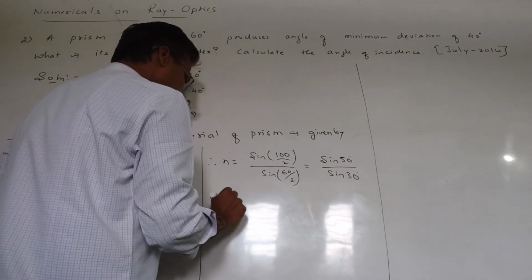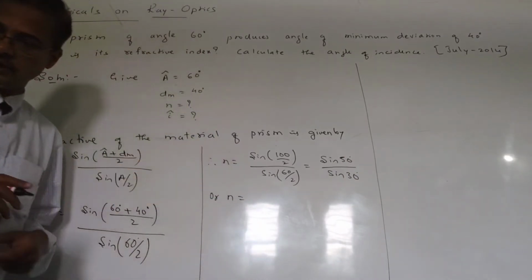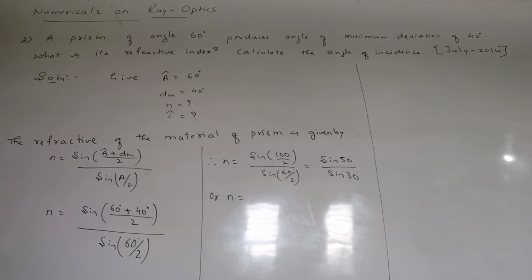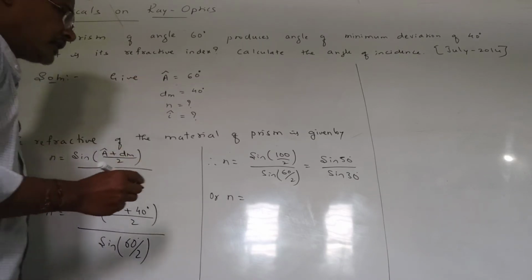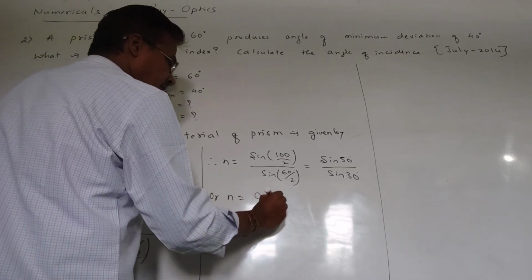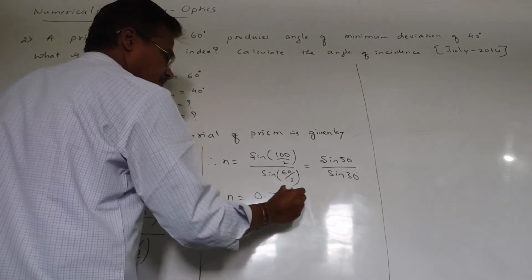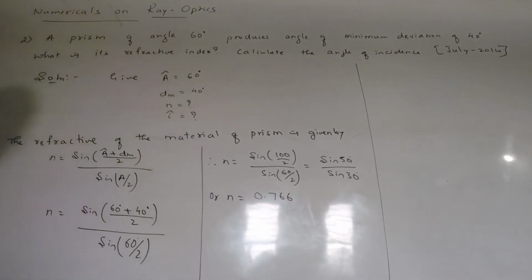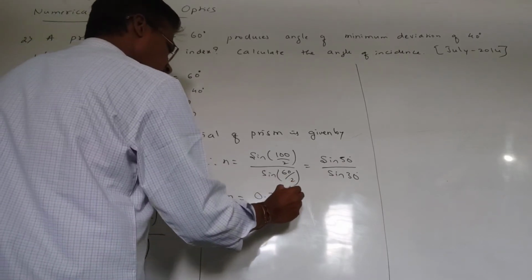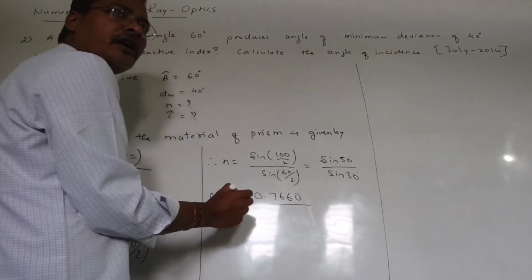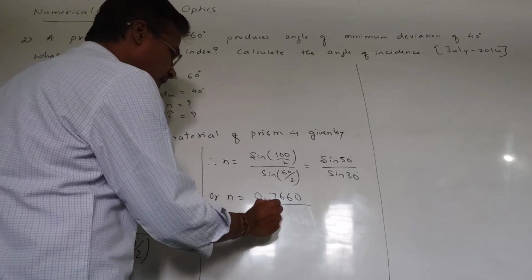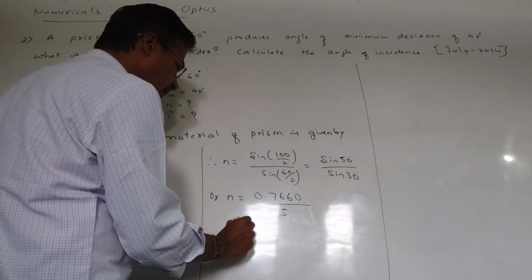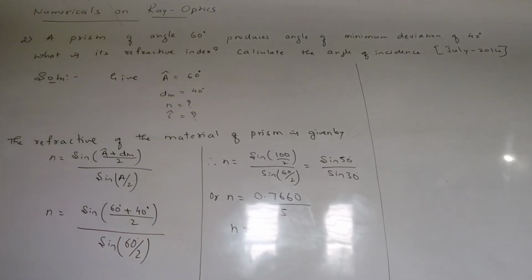Sin 50 value from the calculator is 0.766. Sin 30 is half, that is 0.5. So 0.766 divided by 0.5.